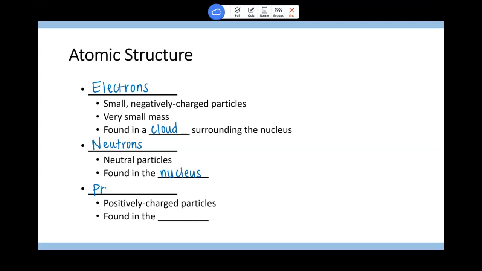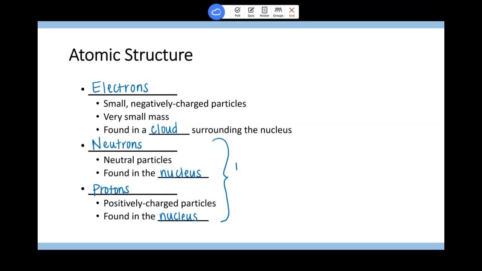And then we have protons, which are positively charged, and they are also found in the nucleus. Neutrons and protons, they're both found in the nucleus, which we have on here.